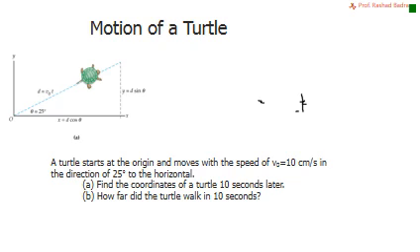To get the magnitude of the position, you simply multiply the magnitude of the velocity by time. Then you can get the magnitude of the position at 10 seconds.